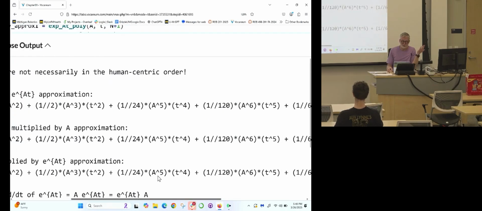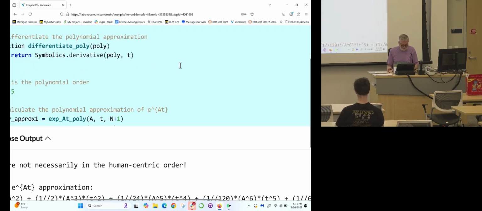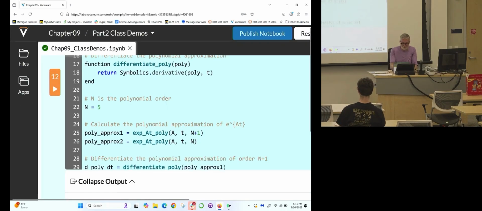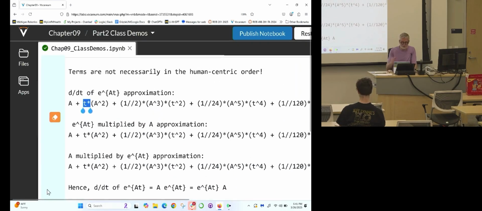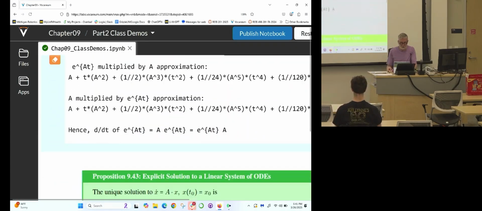They're not in the human-centric order, but it still is the same polynomial. That's just what the symbolic package did. So d by dt of e to the At is the same thing as A times e to the At.